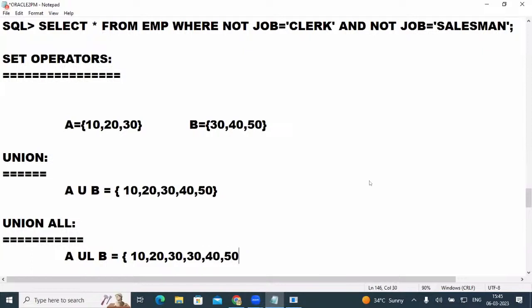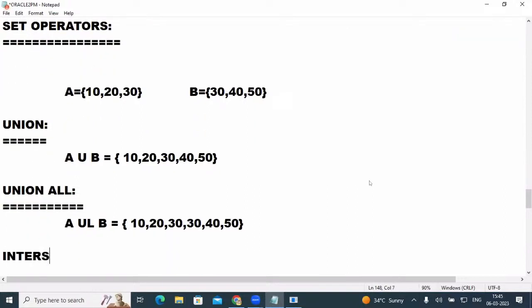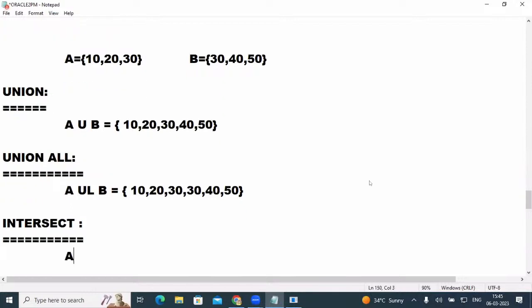Is this union all? Sure? Okay. Now, intersect. A intersect B. Intersect means common values.